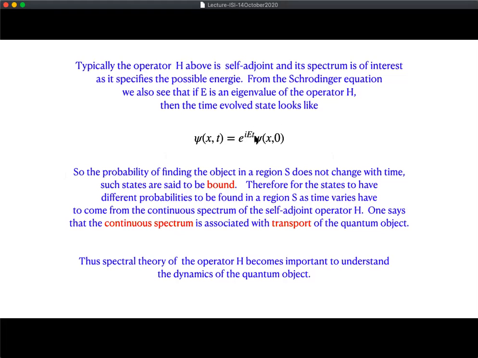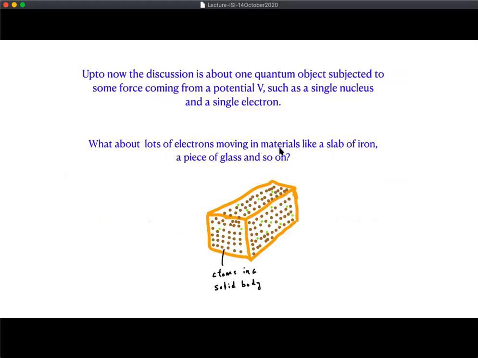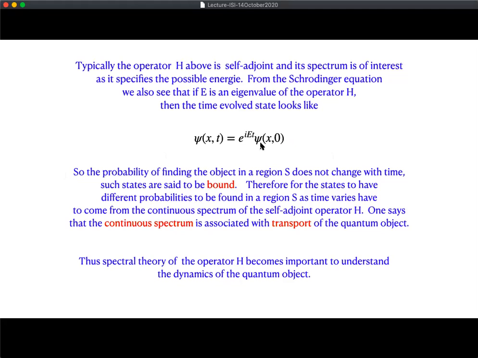That shows that if you start in a region S at time 0, and the probability is the integral of mod psi squared over S, then as t varies it doesn't change, because the modulus of this time-dependent factor is 1. Therefore, for such states, namely the eigenstates of the operator H, the probability does not change with time.